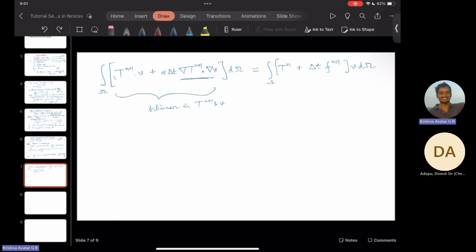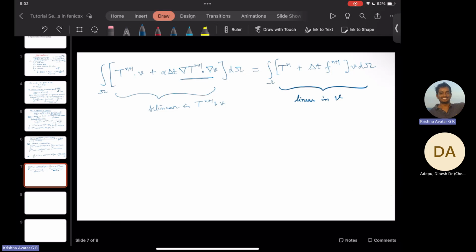Likewise, it will also be the same for V. Which means it's linear in both T^{n+1} and V. And the right hand side is just linear in V. It's not bilinear, because if you scale T by some constant c, we cannot bring c outside, because of this term.